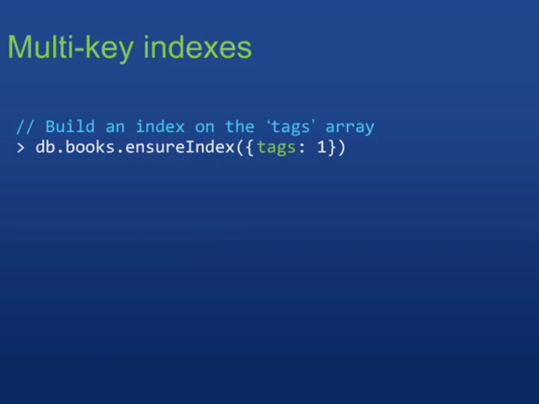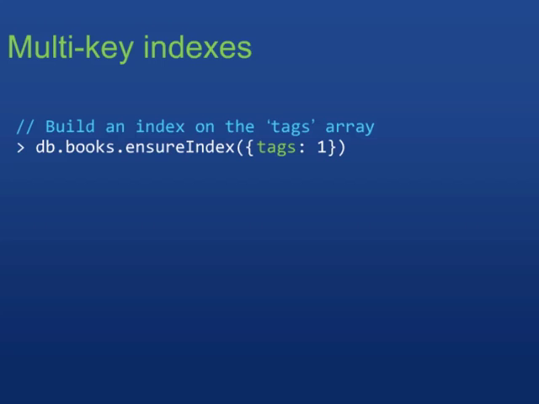Now, up until now, the indexes perform pretty much like you'd expect from a relational database. But now we're going to do a neat trick, right? If you remember earlier, our books object had a tags value, which was an array, right? And now I'm defining an index on that tags array. So I'm saying db.books.ensureIndex tags:1.